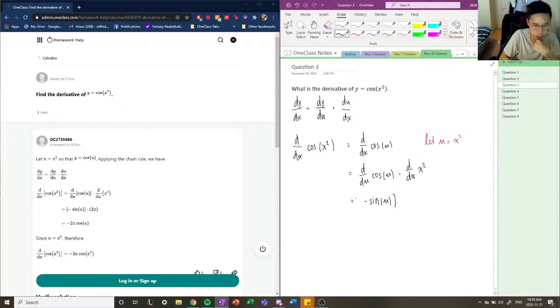We'll put some brackets around this too. And the derivative of x squared using our power rule is 2x. Now all we need to do is sub back in our u here. So this will be negative sine x squared times 2x, or negative 2x sine x squared.